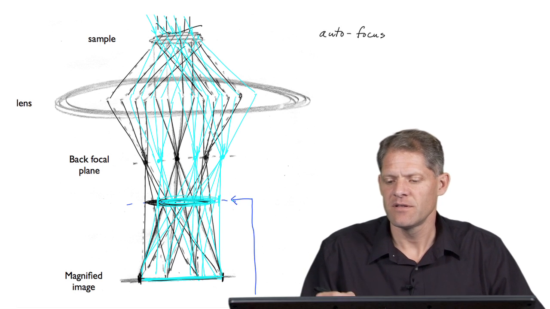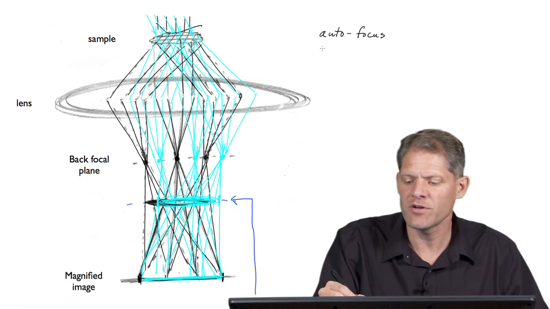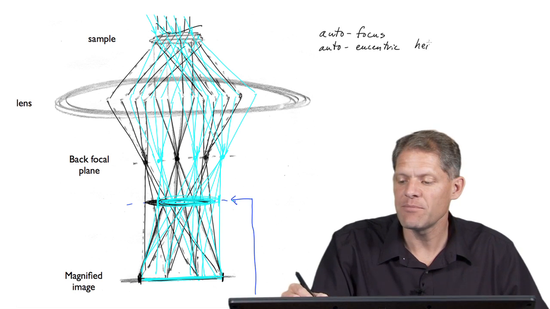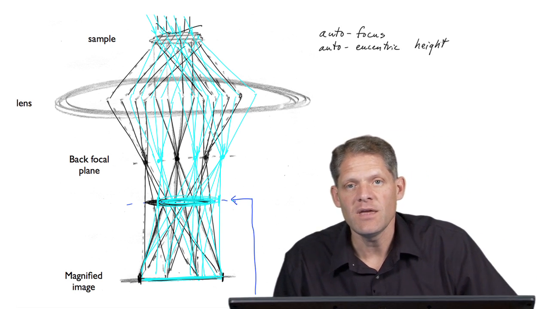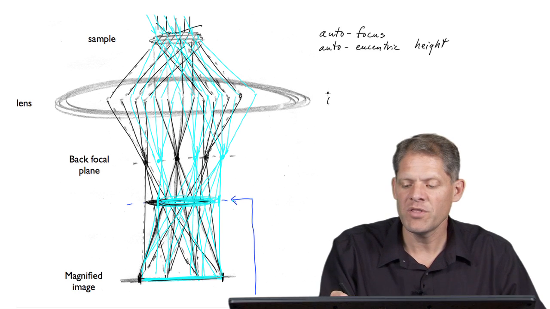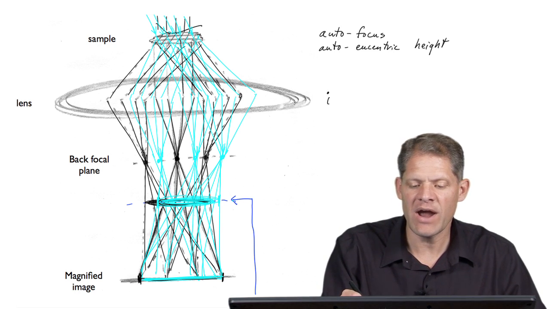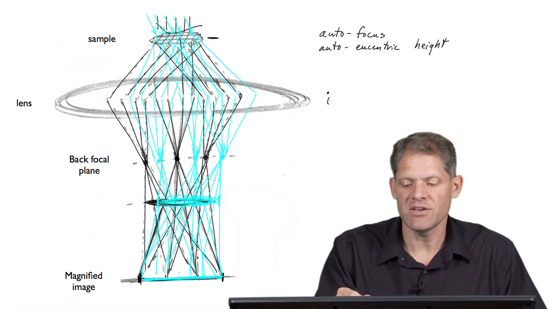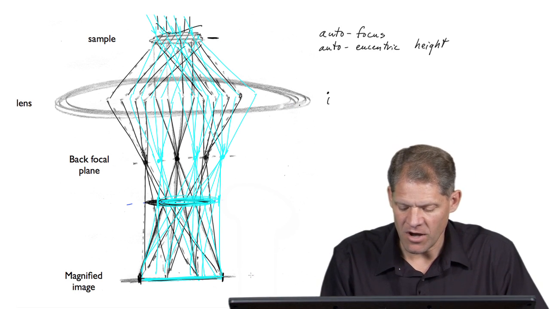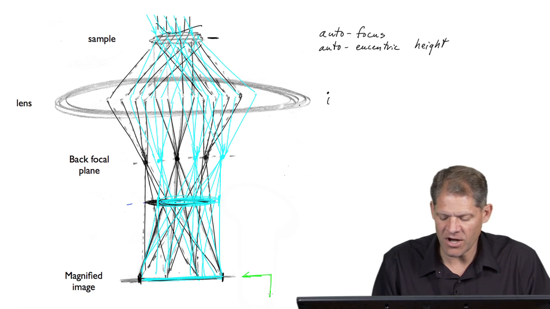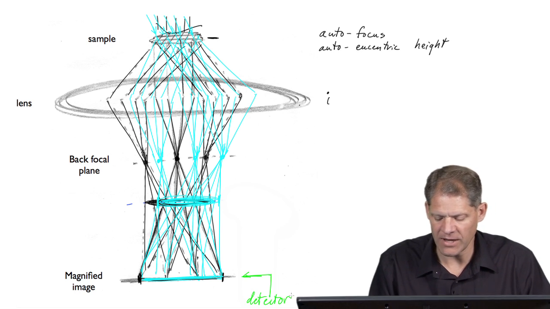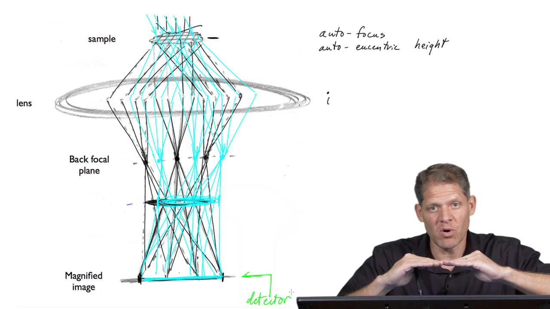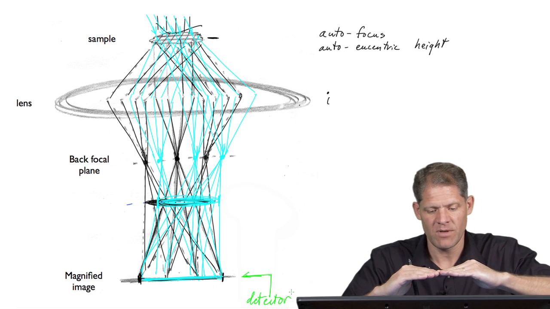Now it turns out that you can actually do an autofocus and an auto eccentric height simultaneously if you know what the current is that is required to take an object at eccentric height and bring it to perfect focus on the plane that is conjugate to your detector. Okay. Your detector is fixed in space. It is bolted into the microscope where it is.